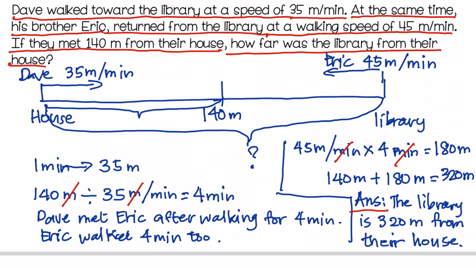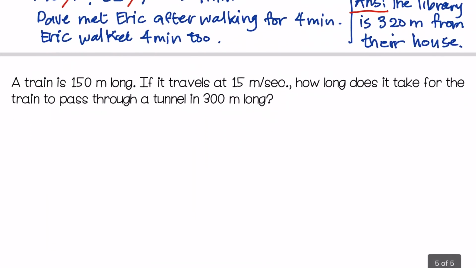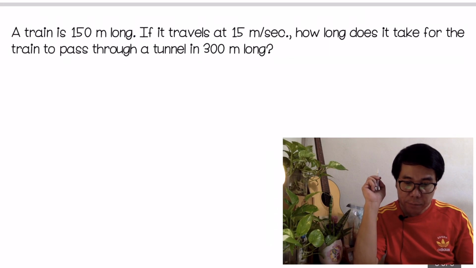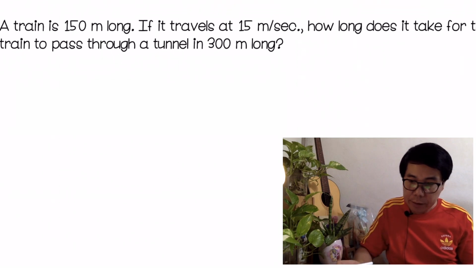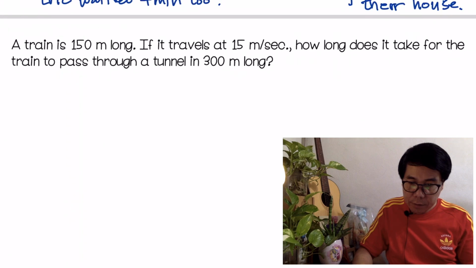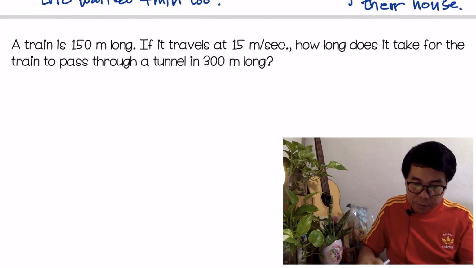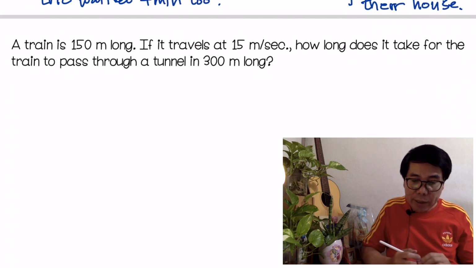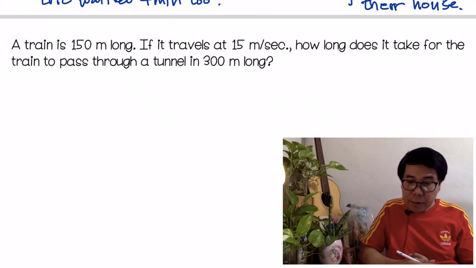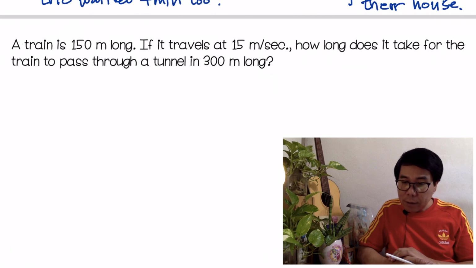Okay, very good. Now let's proceed to the fourth problem. A train is 150 meters long. If it travels at 15 meters per second, how long does it take for the train to pass through a tunnel 300 meters long?